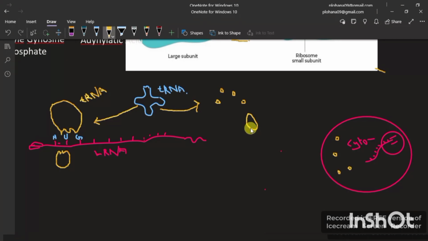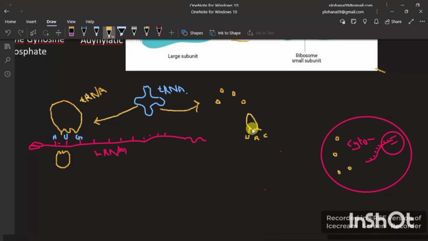Here its anticodon is what? Suppose here the codon is A. So A's complement is what? It's U, because we know that thymine won't be coming now. So U's complement is A. Uracil will be pairing with adenine. So G will be pairing with what? G will be pairing with cytosine.